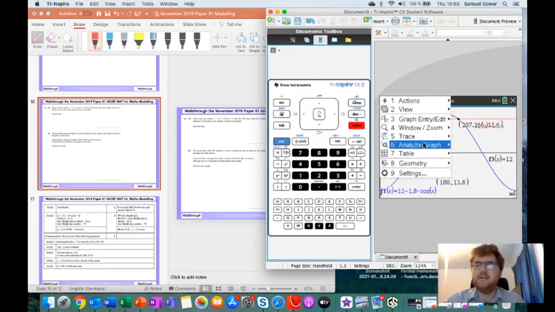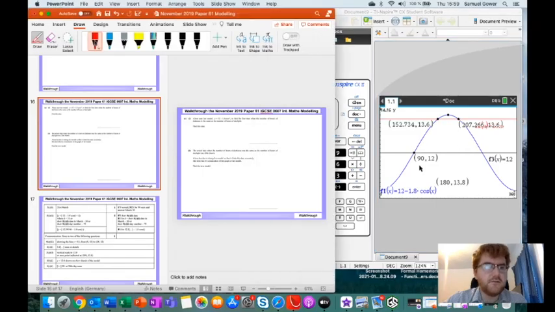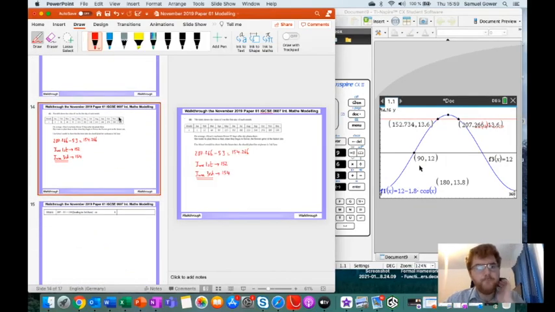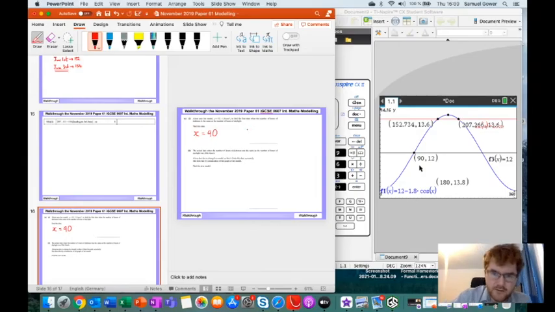We're going to again do our analyze graph like we did before. Intersection. Now we need to choose the graphs that we want to find the intersection of. So we choose the blue graph and black graph. Click before, click afterwards. And you'll see that you get the value exactly of 90. So let's copy that across. So we get x is equal to 90. And if we go back to our table before, you'll notice March the 1st is 60. So let me write this down nice and clearly.